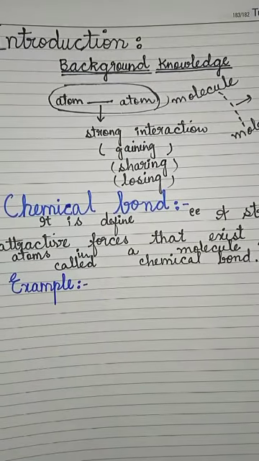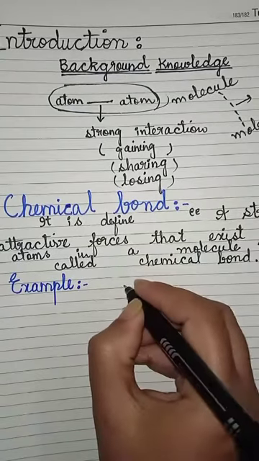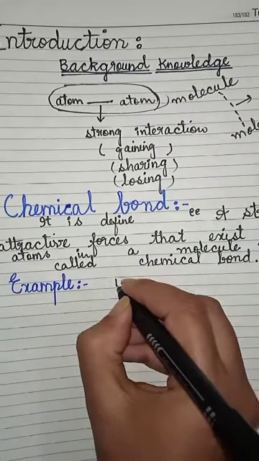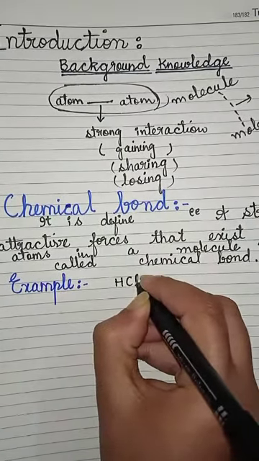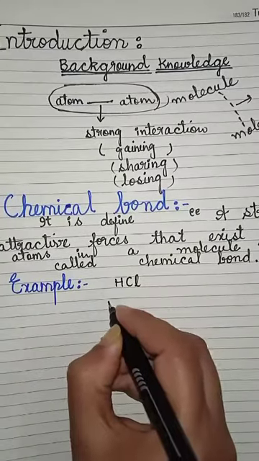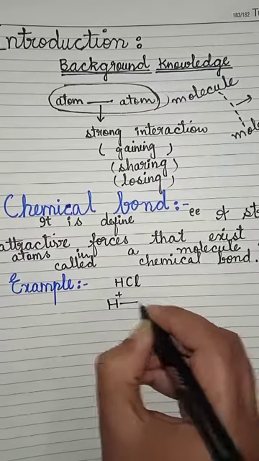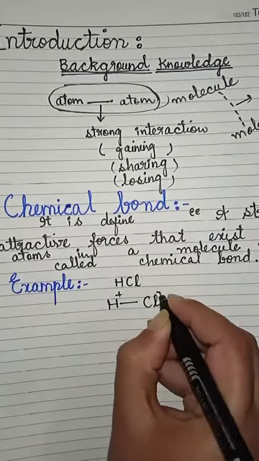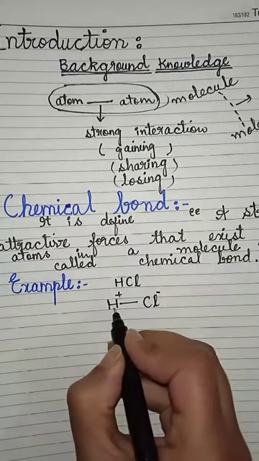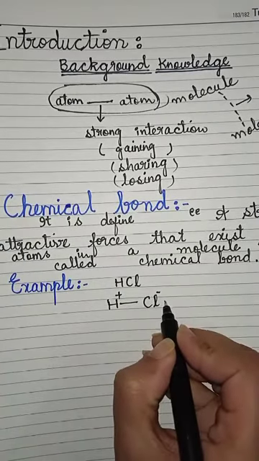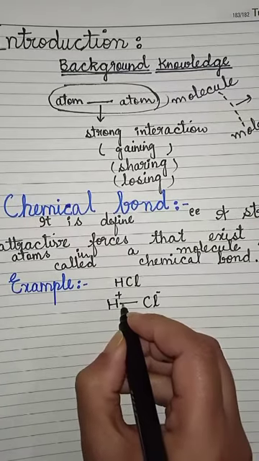Related to the chemical bond, you can exemplify the hydrochloric acid HCl molecule. Here hydrogen has a positive charge, chlorine has a negative charge.